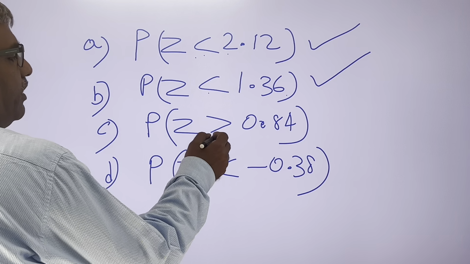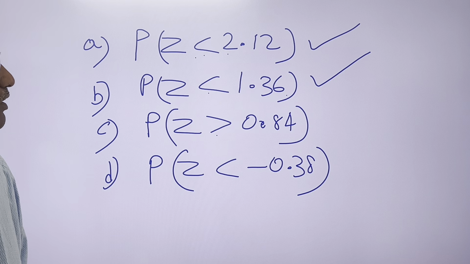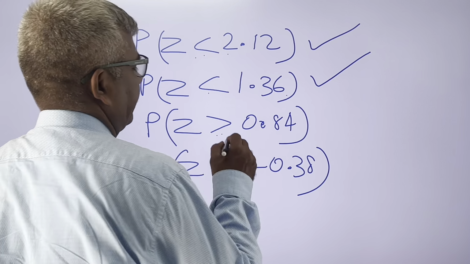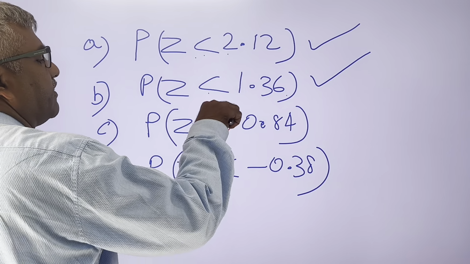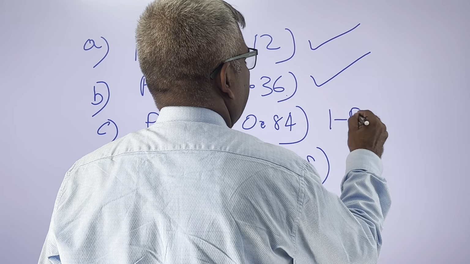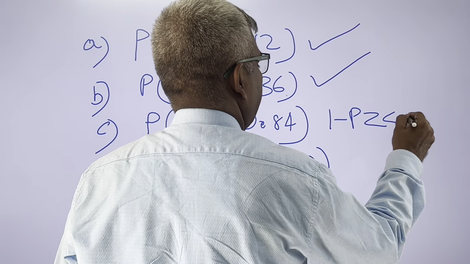Here, the problem is, probability of Z is greater than 0.84. We have to change this sign. How to change the sign? 1 minus probability of Z is less than 0.84.